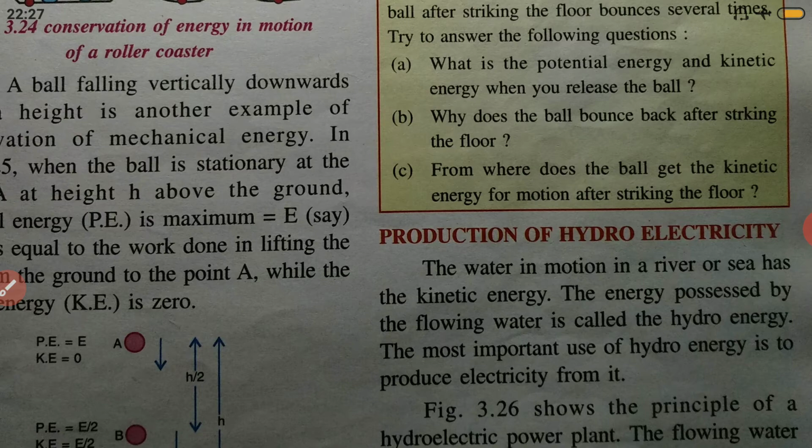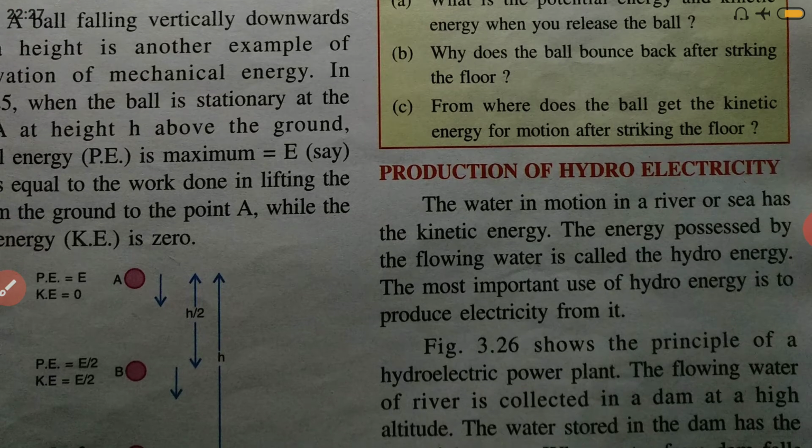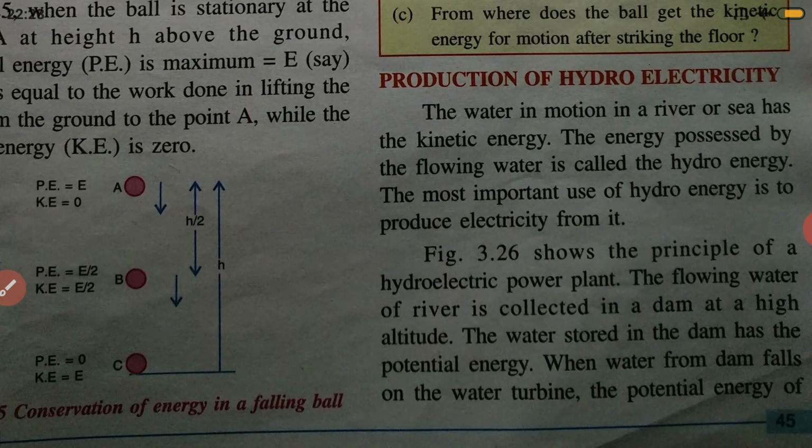Figure 3.26 shows the principle of a hydroelectric power plant. The flowing water of a river is collected in a dam at a high altitude. The water stored in the dam has potential energy.